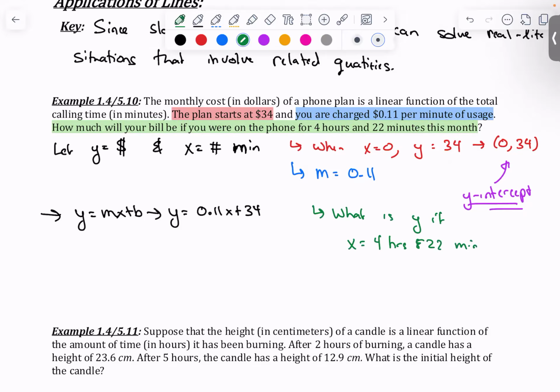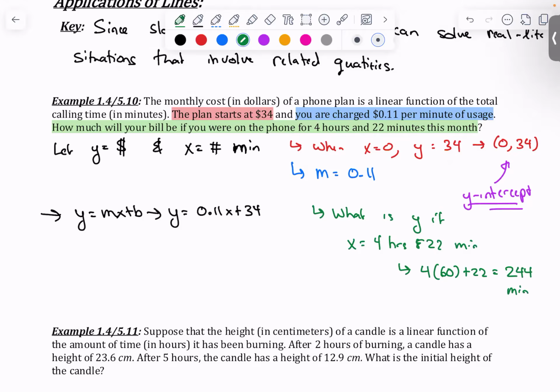Now, the problem here is it's not 4.22, that's hours. And even then, 22 minutes is not 0.22 hours. So we need to convert this to minutes because our x value is measured in minutes. If it was measured in hours, then we would have to convert it to hours. But right now, this will equal 4 times 60 minutes an hour plus 22. That's 244 minutes.